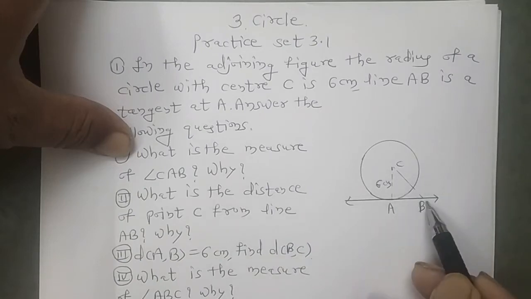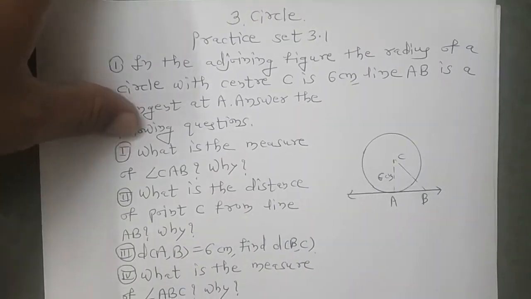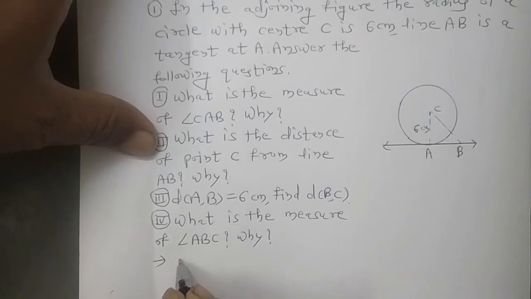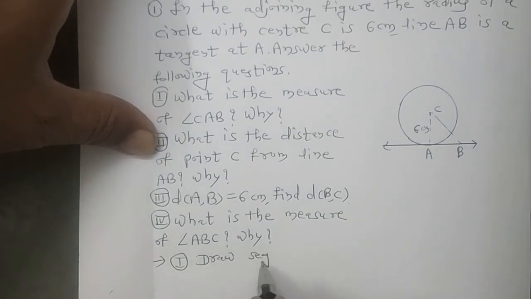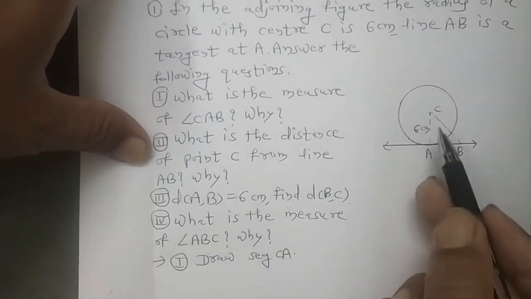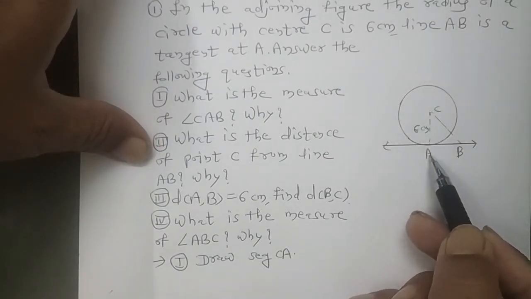Angle CAB, why? Now here, first draw segment CA.